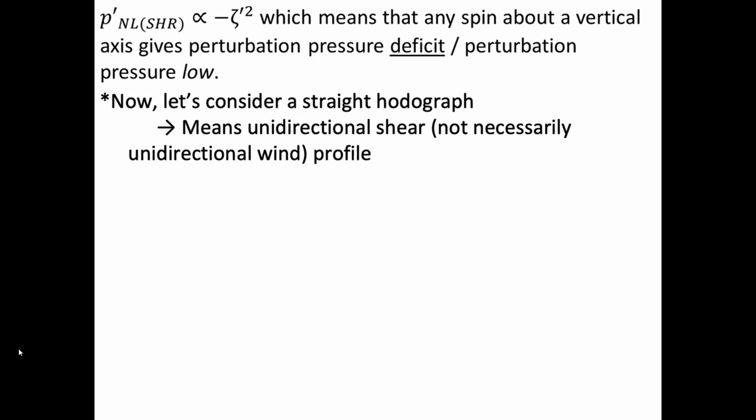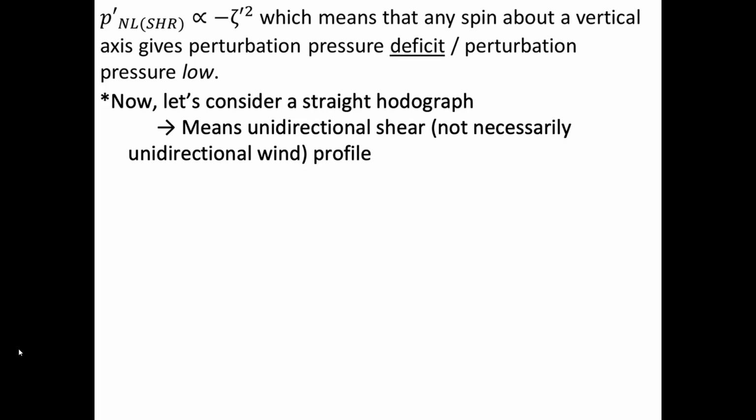In that case, the shear is going to be parallel at every single point on the hodograph, all out of the west. But because that hodograph in the lower parts is all southerly and southwesterly with increasing height above ground, it's going to correspond to a veering wind profile, even though it's a straight hodograph. So again, a straight hodograph could mean unidirectional wind, but it doesn't necessarily. It means unidirectional shear.